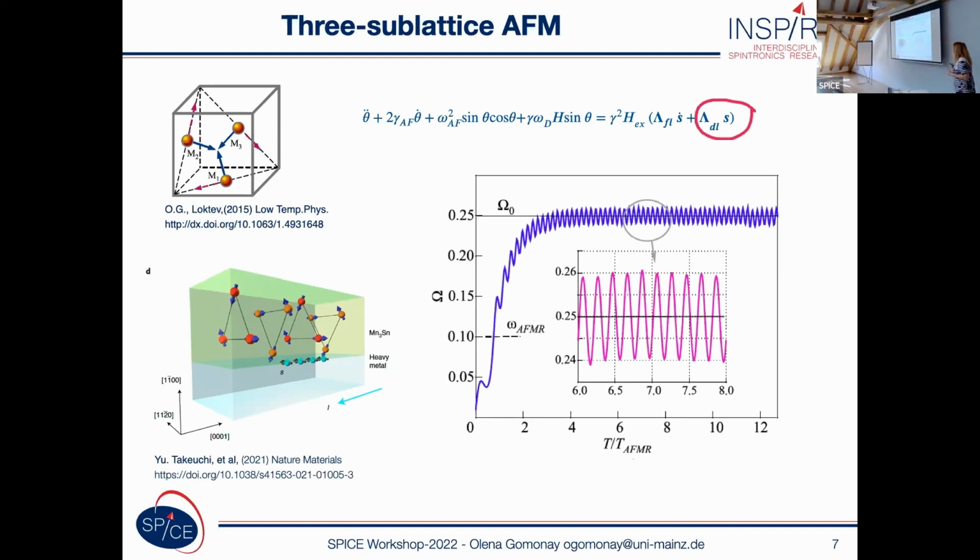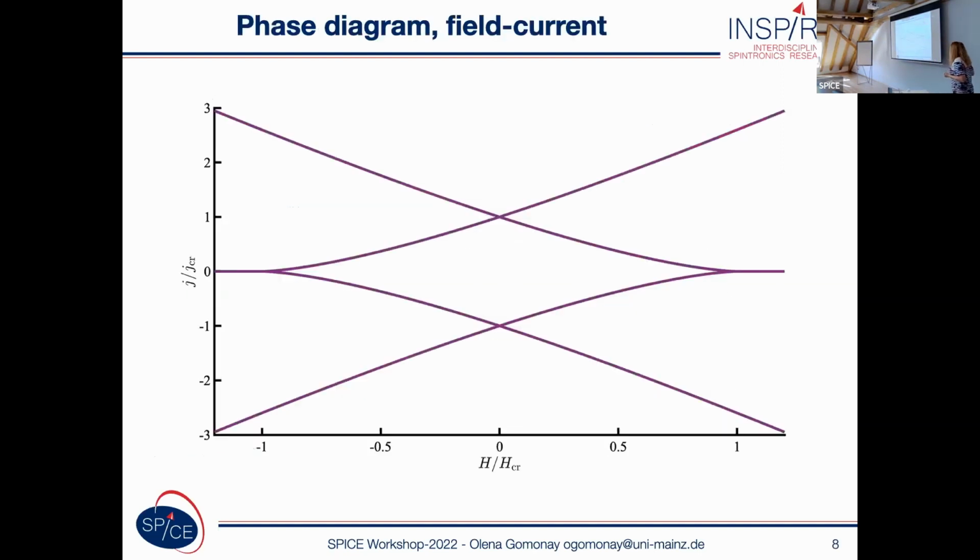However, this type of behavior again is not applicable to the switching between different states. However, we can try somehow to fix the final state by applying the external magnetic field, for example.